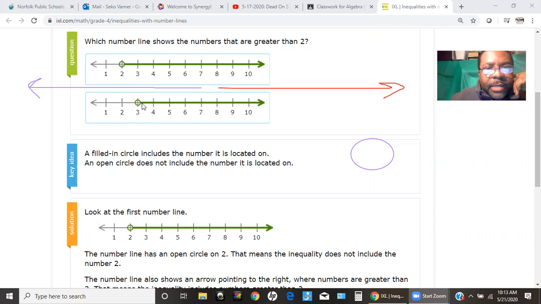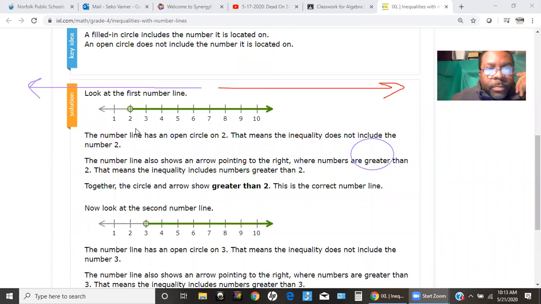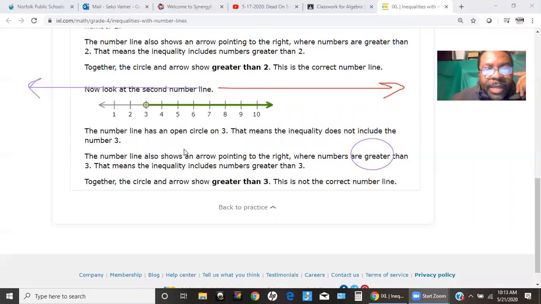Well, this one definitely does. And this one actually does too, because this says greater than. So that's okay. So let's see what they have. Look at the first one. Does not include the number 2, so it has to be greater.